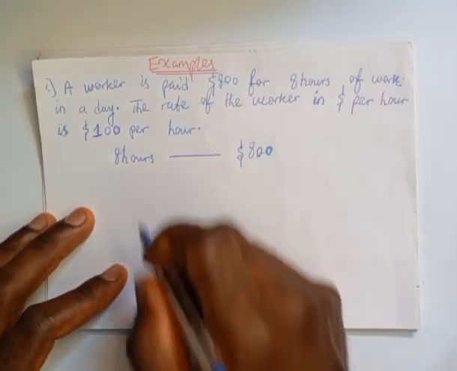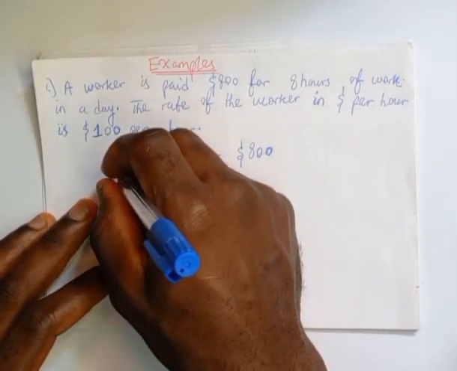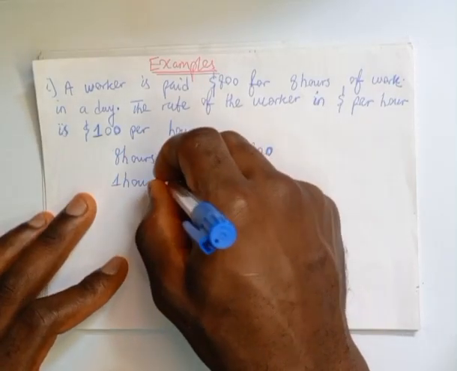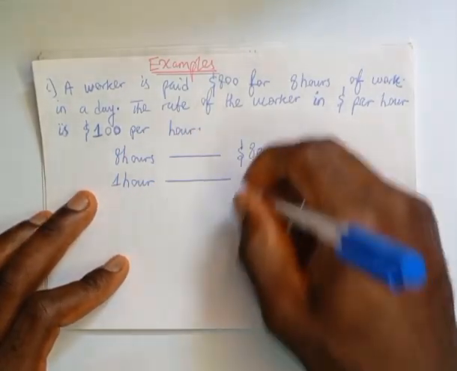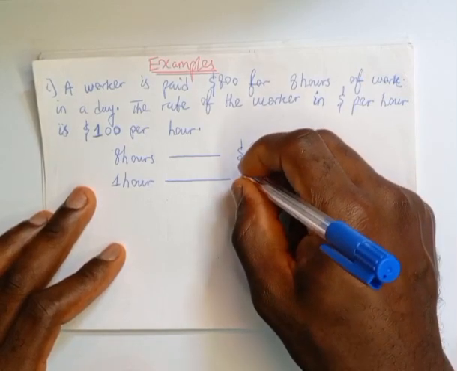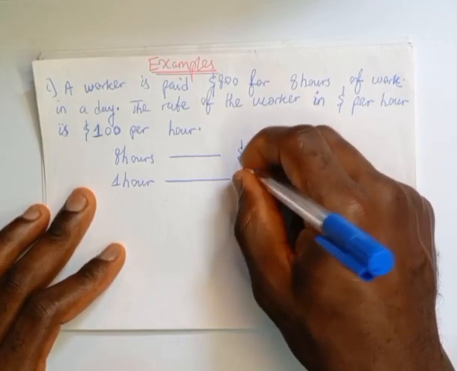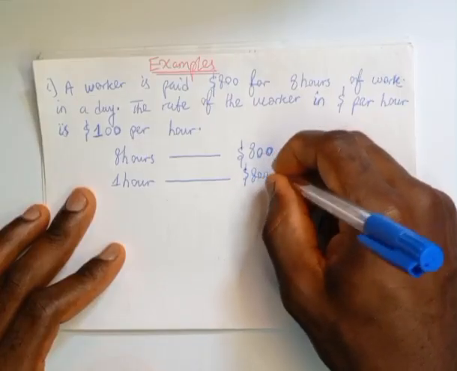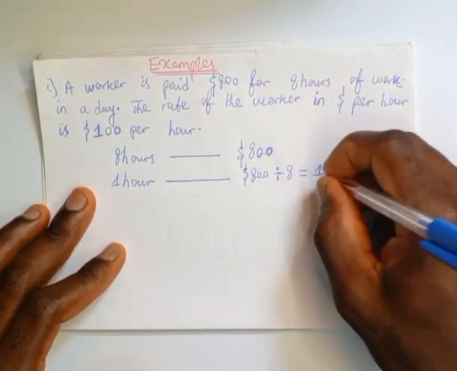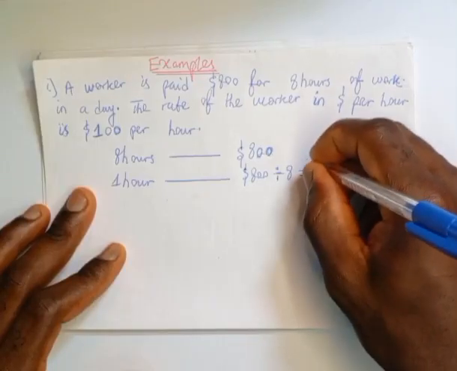If you divide both sides by 8, 1 hour of work, the worker will be paid $800 divided by 8, which is simply equal to $100.